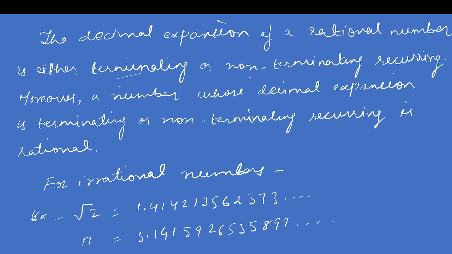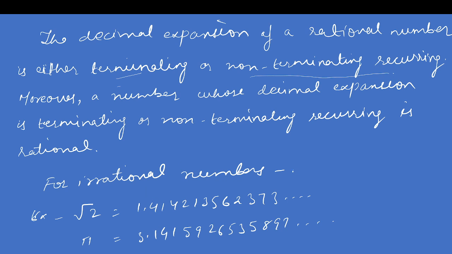Moreover, a number whose decimal expansion is terminating or non-terminating recurring is rational. If you are given any decimal expansion and you have to identify it, you can check whether it is terminating or non-terminating recurring. Keep this point in mind. That is the rational numbers.